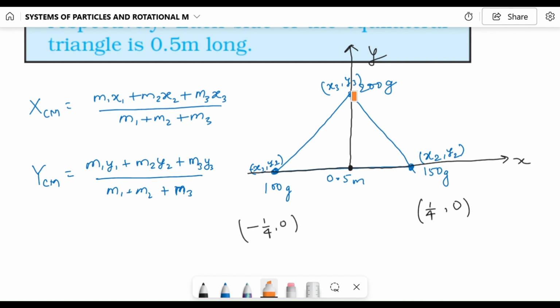So we can use the Pythagoras theorem in this triangle, and then this length square equals this length square minus this length square.